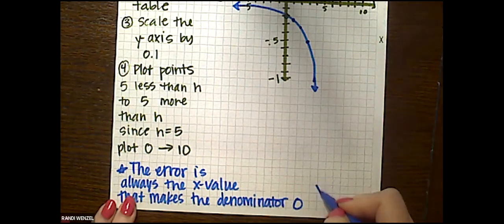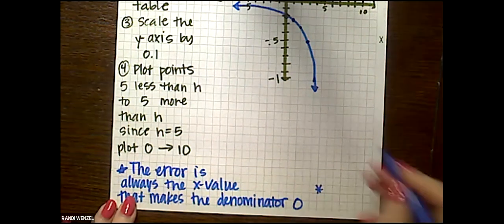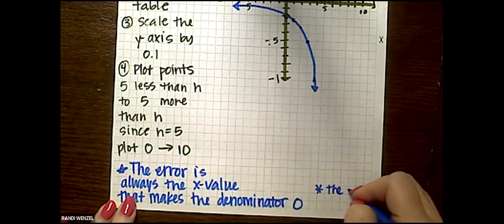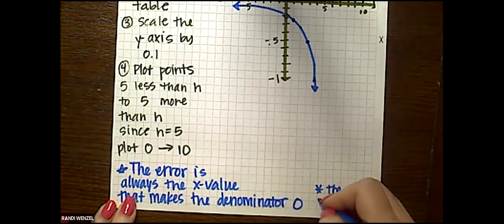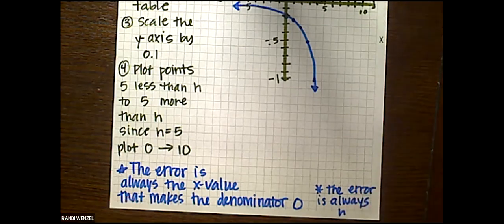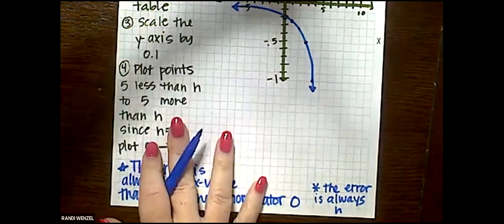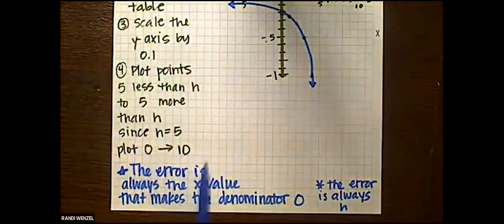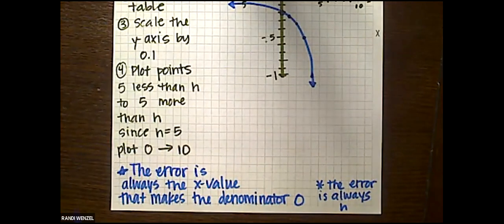In other words, the error will always be the h. And so in this case, our h was 5, that's where the error was. If we chose h to be 10, our error would be at 10. If we chose h to be -3, our error would be at -3, because that's always going to be the value that will make your denominator 0, and you can't divide by 0.